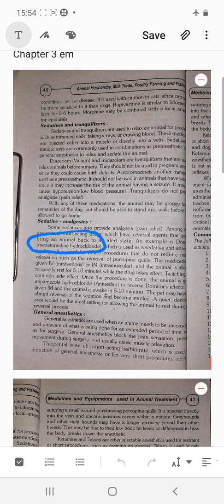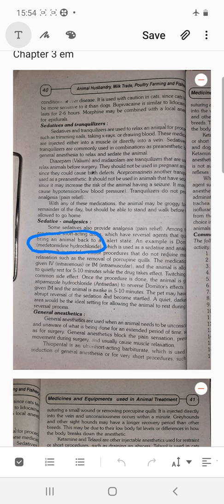It is used for minor procedures that do not require muscle relaxation, such as the removal of porcupine quills. The animal is left to rest quietly for 10 to 15 minutes while the drugs take effect. So this is the sedative analgesic.